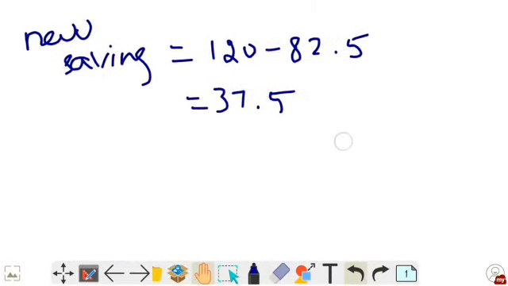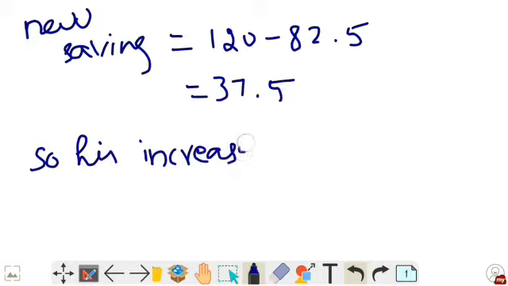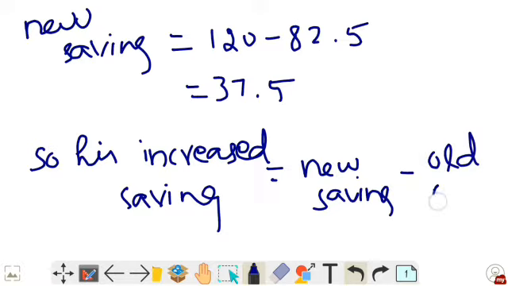So increased saving is equal to new saving minus the old saving.